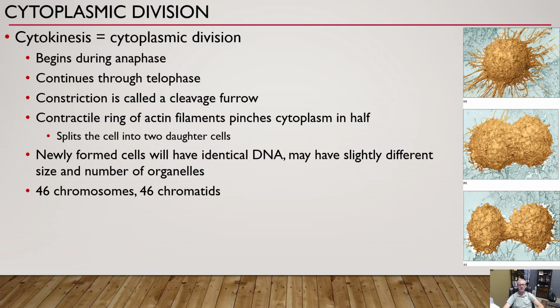What we see is that starting in anaphase, the cell starts to cleave in on its side, and it starts to divide, and it continues through telophase, and then eventually that cell will split off into two. Once that cell splits off into two, then we will have 46 chromosomes and 46 chromatids.